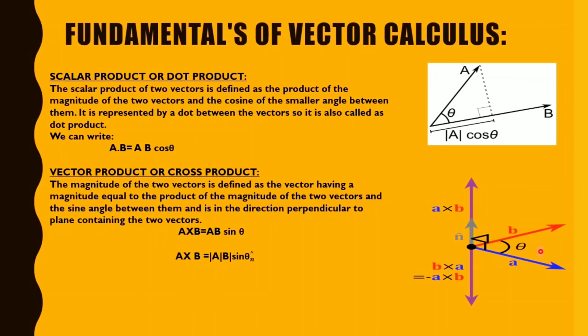So this direction is A cross B, perpendicular to both vectors, and just the opposite is minus A cross B, or B cross A. So A cross B is equal to AB sin theta n cap.